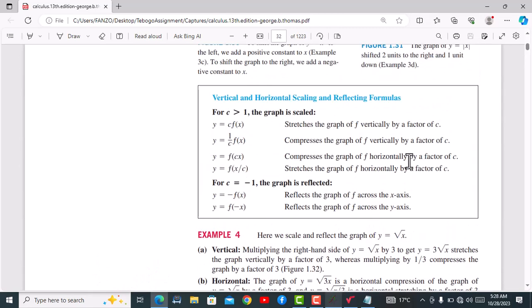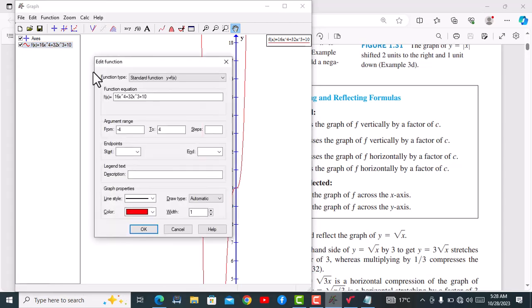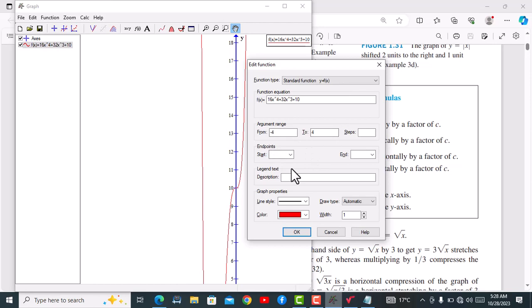And I know, if I compress horizontally, I just multiply every value of x by that factor. So let me just do it. So I want to compress this by a factor of 2 and reflect along the y-axis.